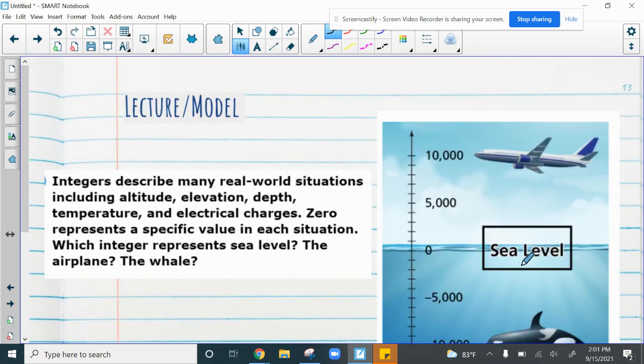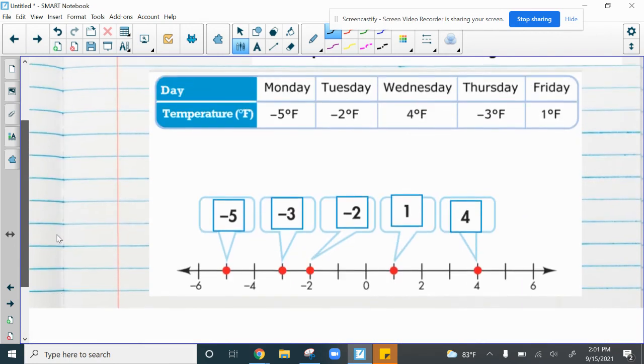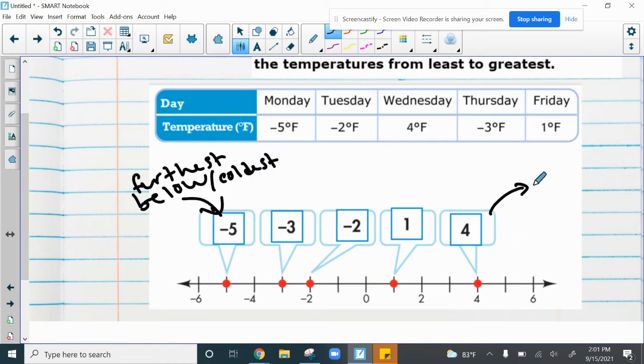The coldest day would actually be -5, because this is the furthest below 0. So this is the furthest below, which is the coldest. And this is the highest above, or the warmest.